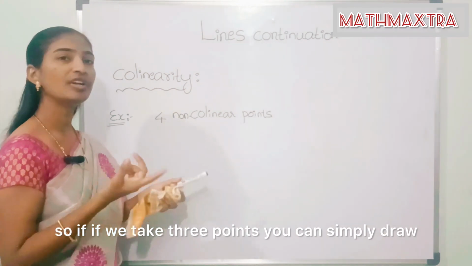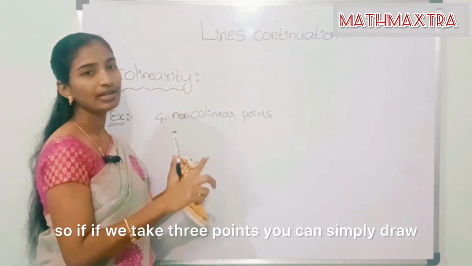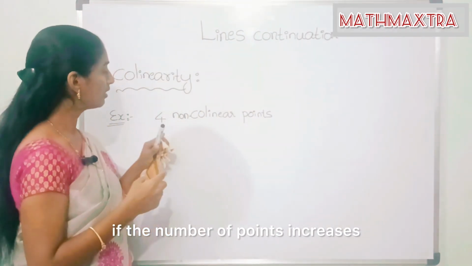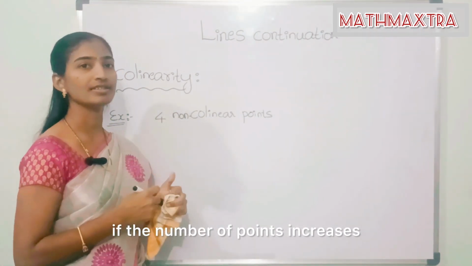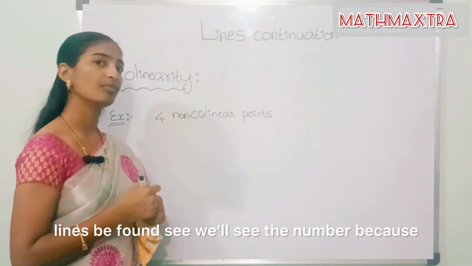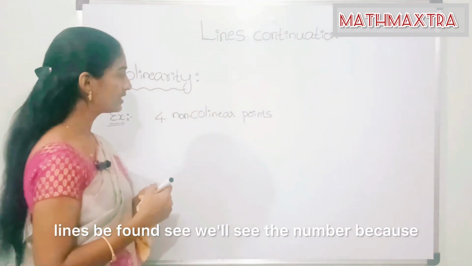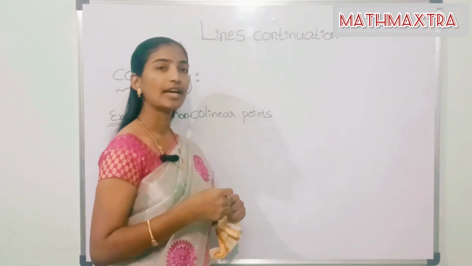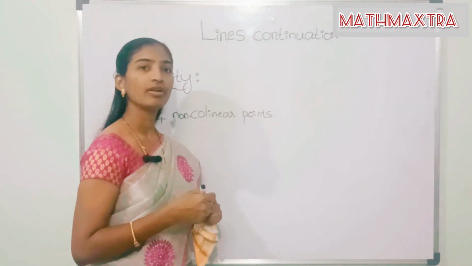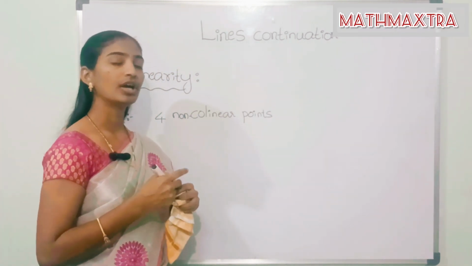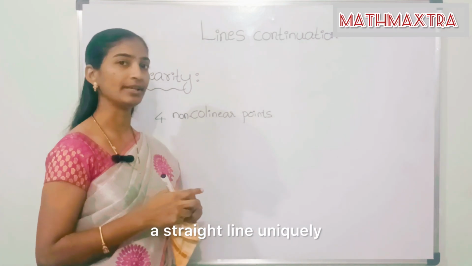If you take 3 points, you can simply draw and count and answer. But if the number of points increases, how can you count the number of straight lines formed? See, as we said, for any 2 points we can draw a straight line uniquely.